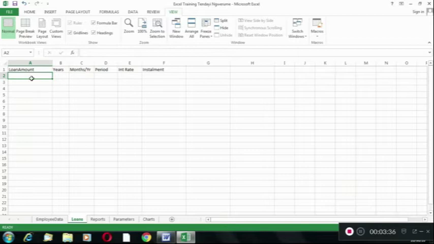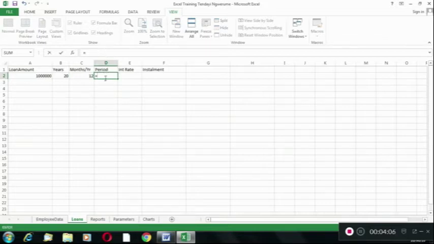So let's start by putting in some figures. Let's say we want to borrow $1 million over 20 years. And then here we put the number of years, number of months per year. So we then put a formula to calculate the period.